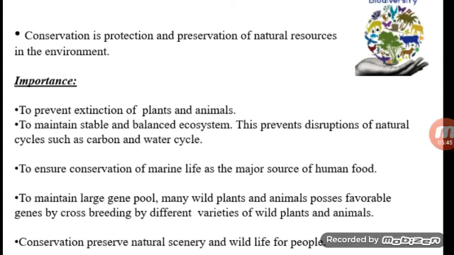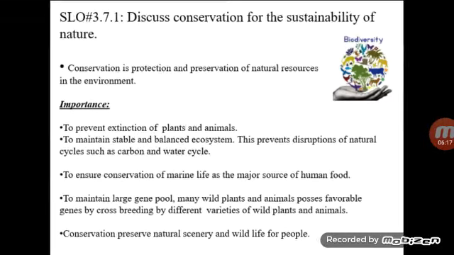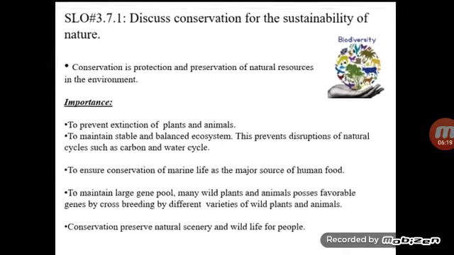Number four, to maintain a large gene pool, variety. Many wild plants and animals possess favorable genes for crossbreeding with different varieties. And number five, conservation preserves natural scenery and wildlife for people. These are the importance of conservation.